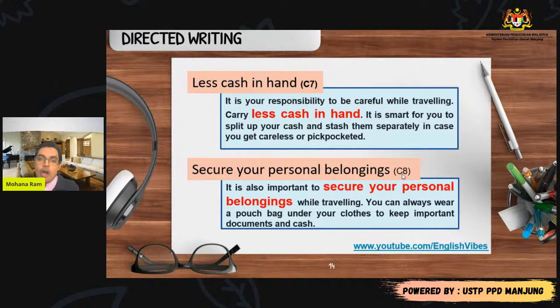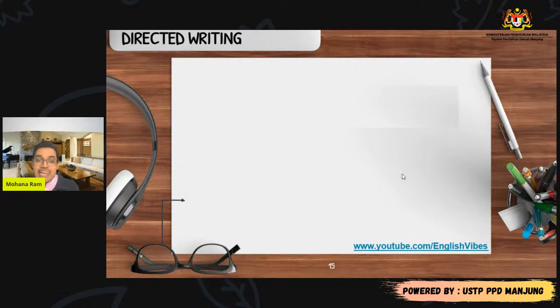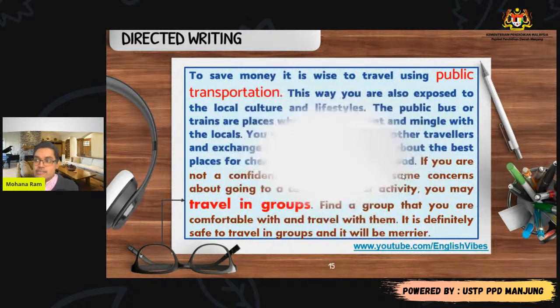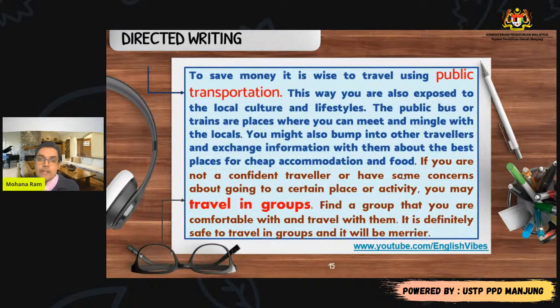So although you are writing one or two sentences to support your content point, make sure the details are enough. For example, let us look at the next point. The next point, I have to write lengthier because I need to add details. For example, the first point, public transportation. To save money, it is wise to travel using public transportation. This way, you are also exposed to the local culture and lifestyles.